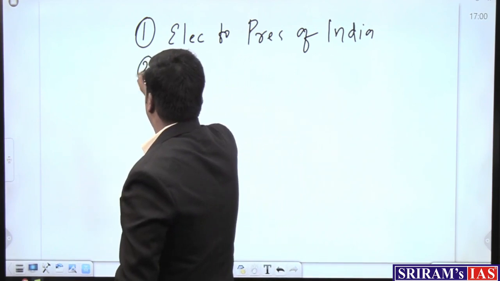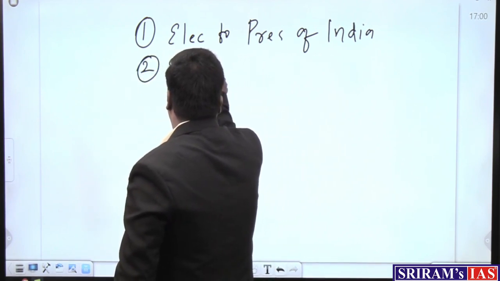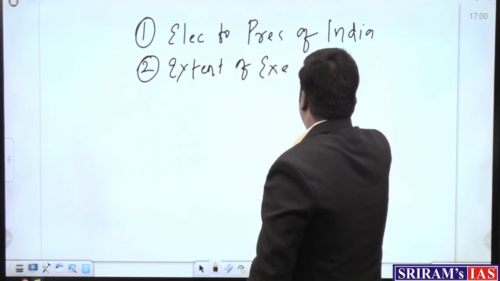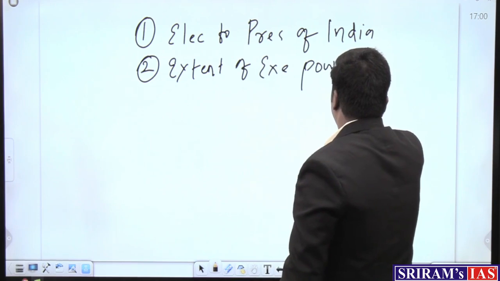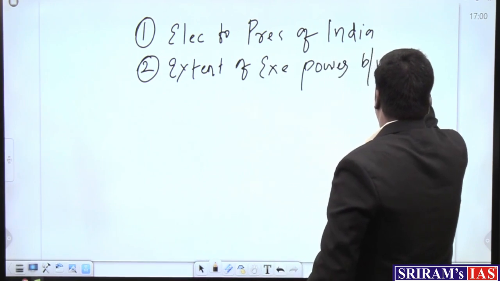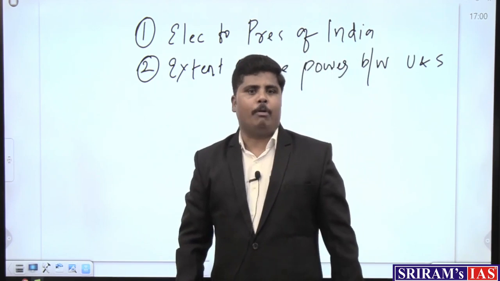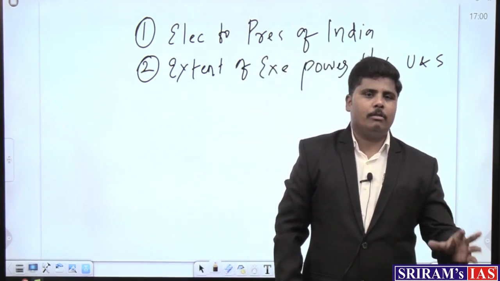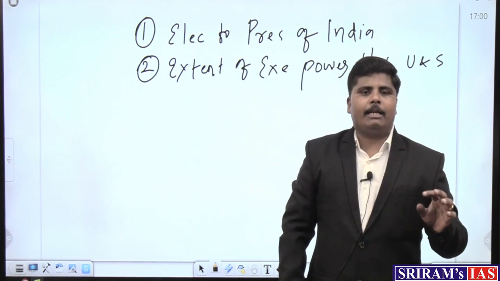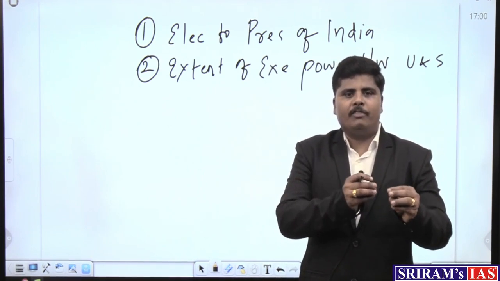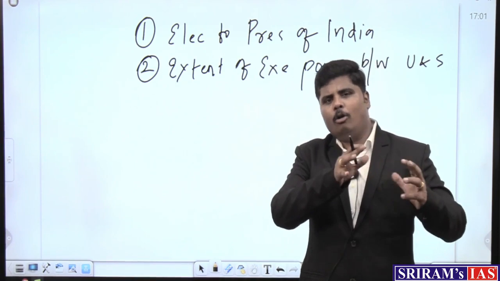Number 2, extent of executive power between union and state. Who are executives? The persons who come under the category of President, Vice President, Prime Minister, Council of Ministers, Attorney General of India, all those people.